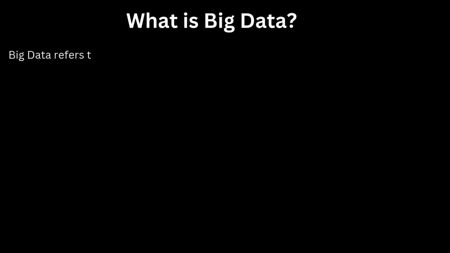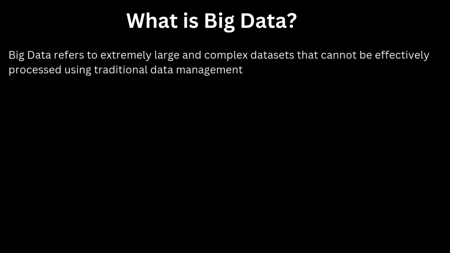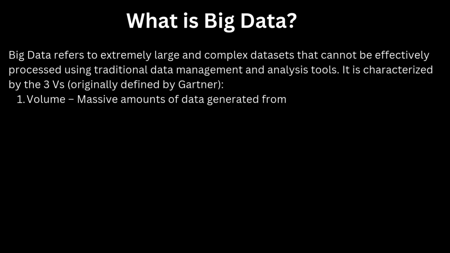Big data refers to extremely large and complex datasets that cannot be effectively processed using traditional data management and analysis tools. It is characterized by the 3 V's, originally defined by Gartner. 1. Volume. Massive amounts of data generated from various sources.